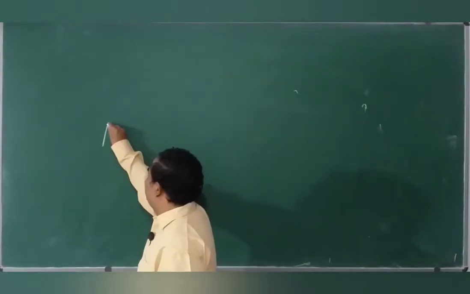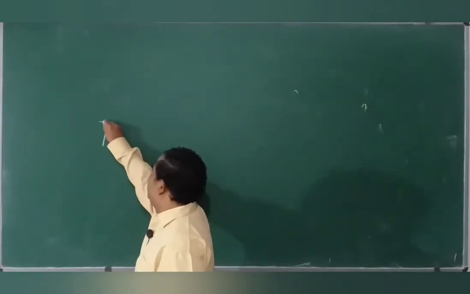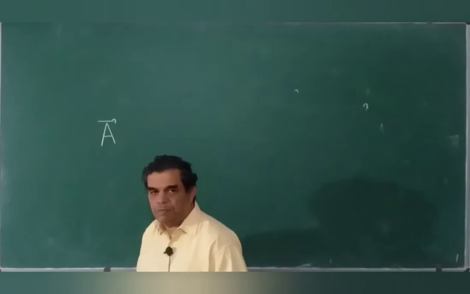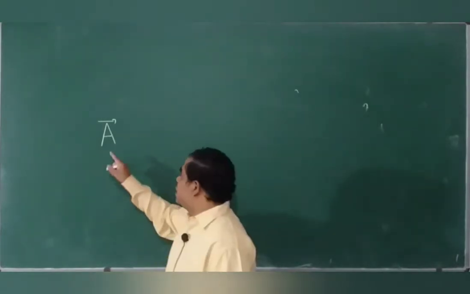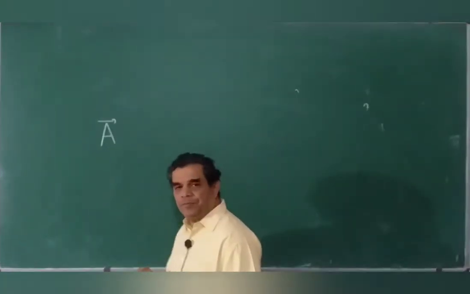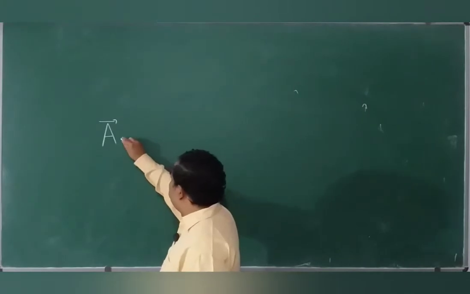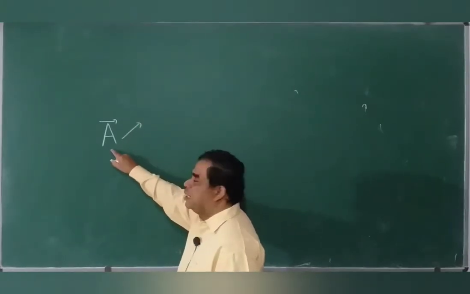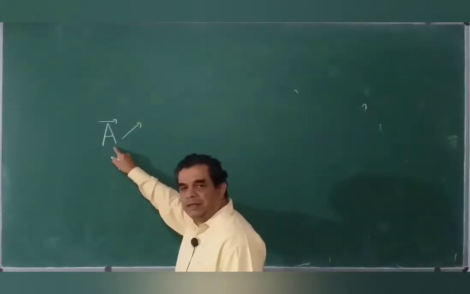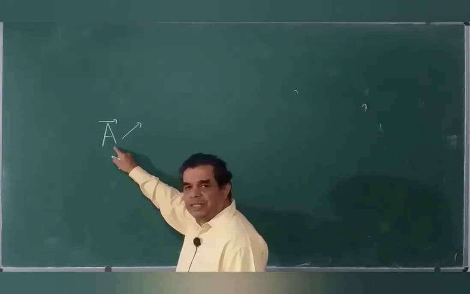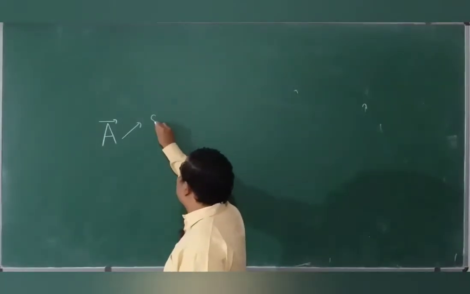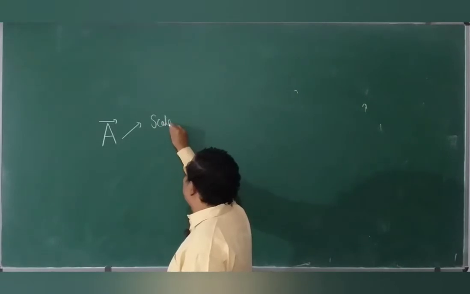Say, we learned to write the vectors in chapter 4, the motion in plane. Say, we write vector A. Then, first type of multiplication is multiplying this vector with a number, a constant, a scalar. That's why I call it as scalar multiplication.